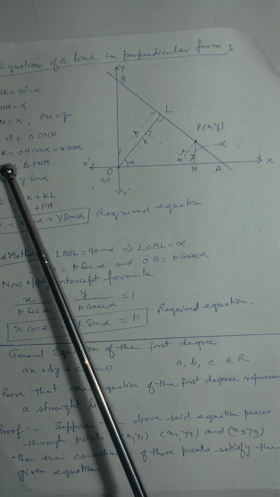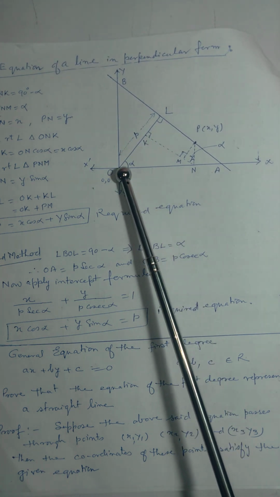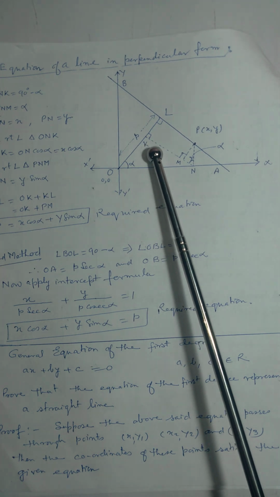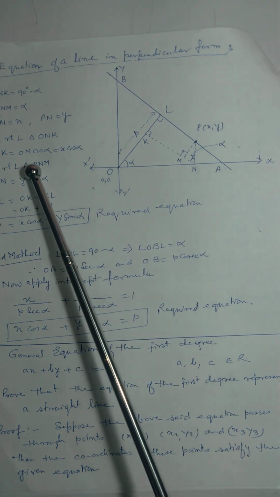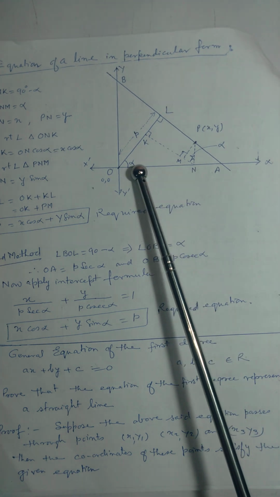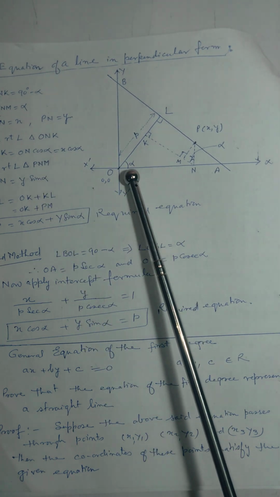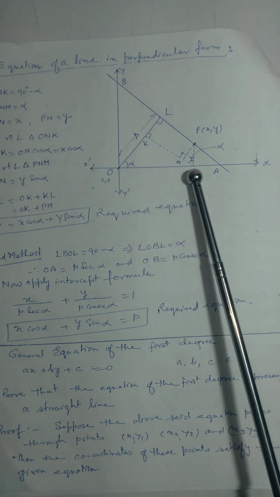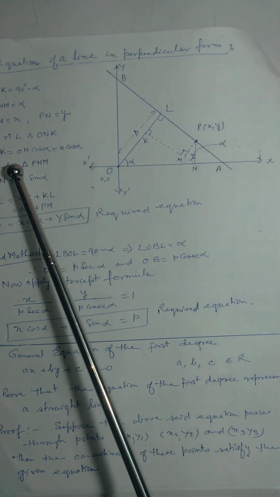I repeat again: this is alpha, and this is a 90 degree right angle at K. So OK is equal to hypotenuse ON times cos alpha, and ON is x, so x cos alpha is equal to OK.